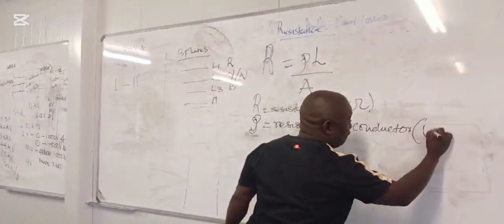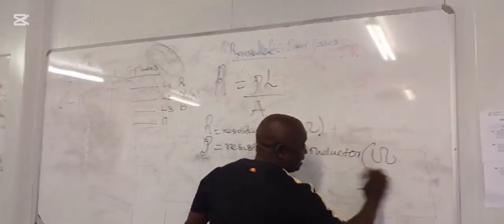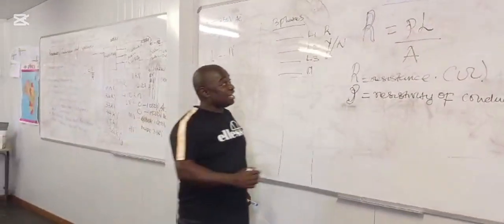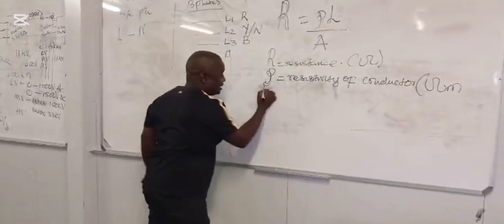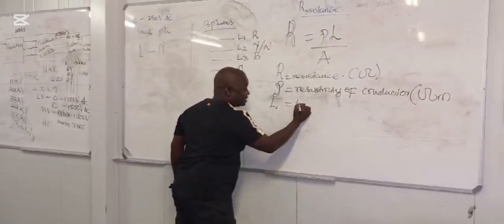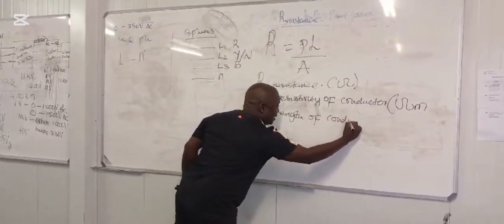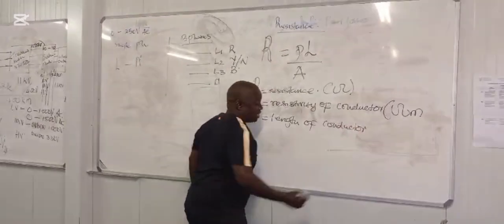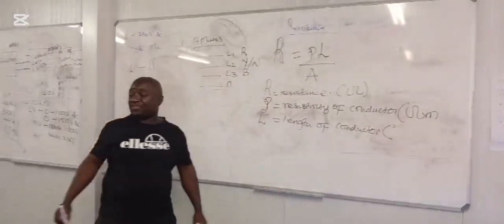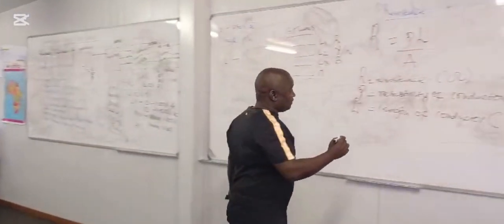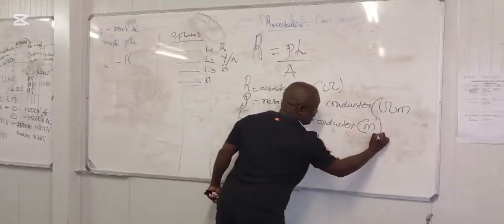The resistivity of the material is measured in ohm meters. And we have another factor, L, which stands for the length of the conductor. Are we together? The SI unit for that length is meters. The length must be in meters.